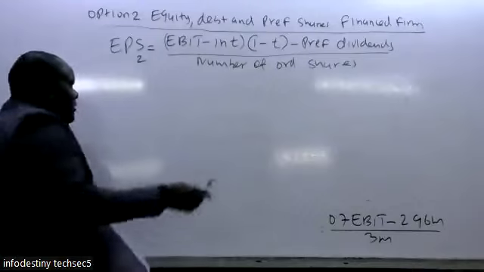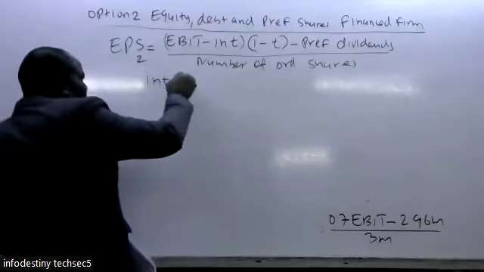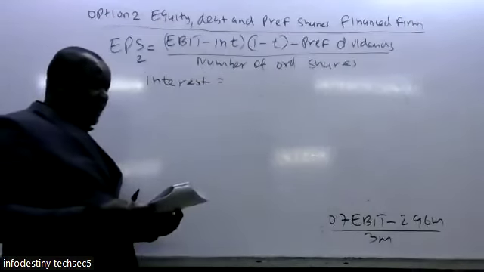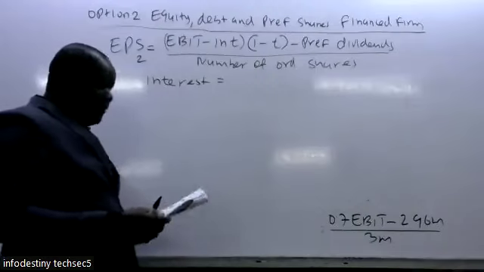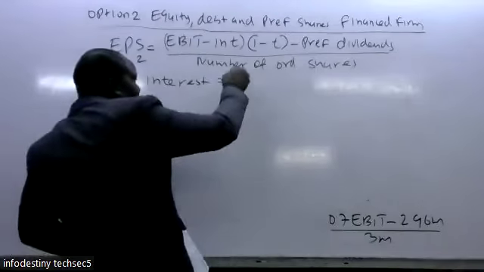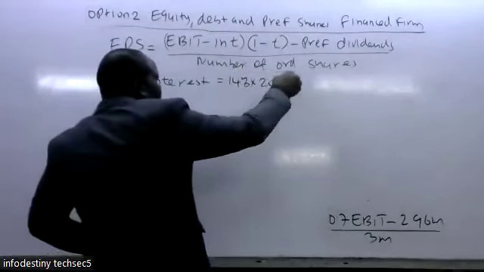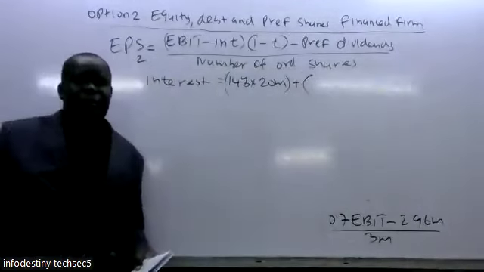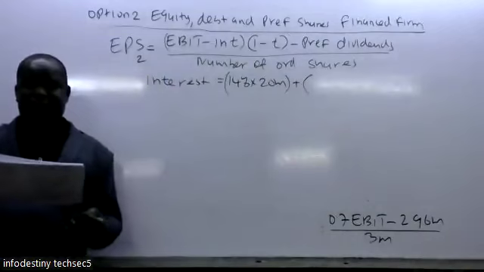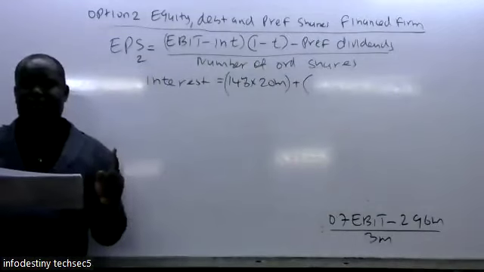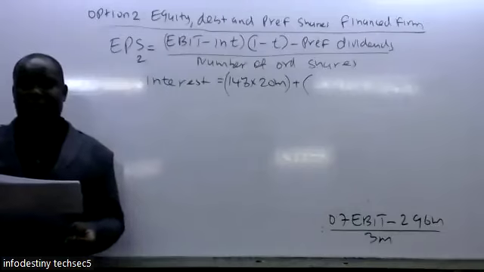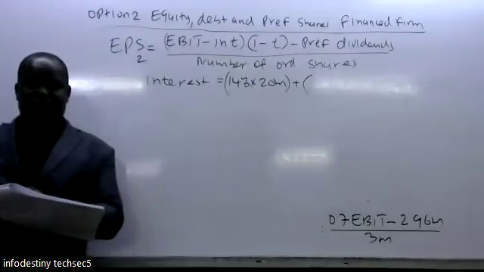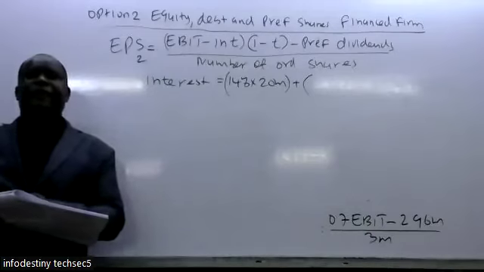So we start off by computing interest. In the current capital structure, we have seen interest is 14% of 20 million. But now, when you are in option 2, to raise the new capital, a half will come from new ordinary shares at par, and the balance will be the issue of the new 12% debentures.